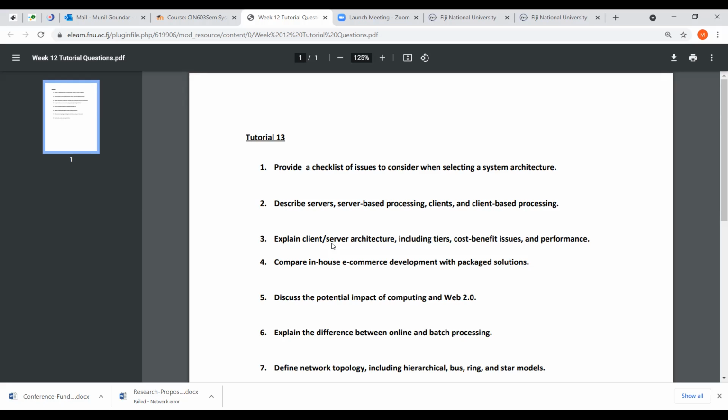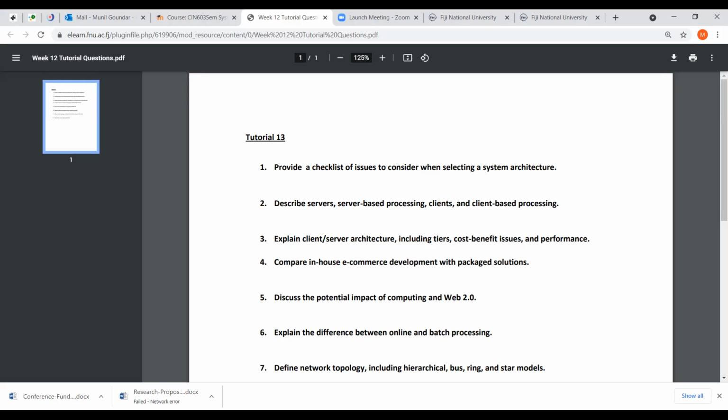The question talks about providing a checklist. You need to be very careful while you're answering questions in your final examinations, where it says provide a list or list down or state. That means you're listing something. When it asks you to describe, explain, or briefly write down, these require some sort of explanations from your end.